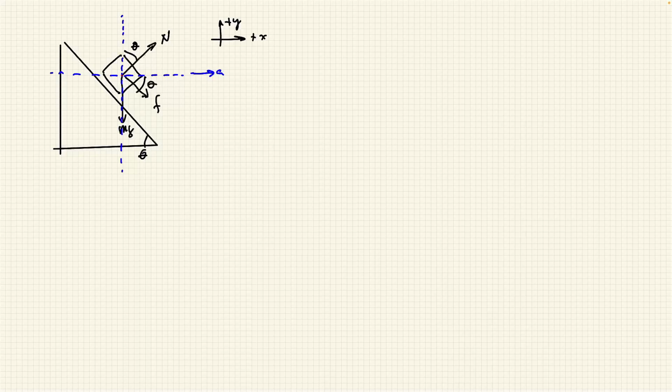We're going to have a component of the normal force that points up and horizontally, and a component of this frictional force that points horizontally and down. So when it comes to writing out Newton's second law, we're going to do it in the x and y directions.